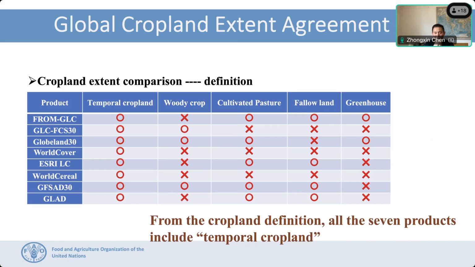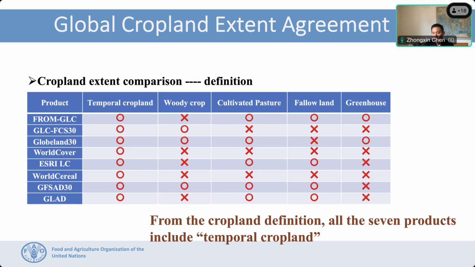So how can we do that? In the analysis, for all this land cover data, they use cropland as a class. That means annual crops like maize, wheat, rice, and so on. And some of them include woody crops. In Italy, we have the olive trees. That's a very important crop for Italy and Europe. And also pasture and fallow land. Fallow is a commonly used agricultural practice.